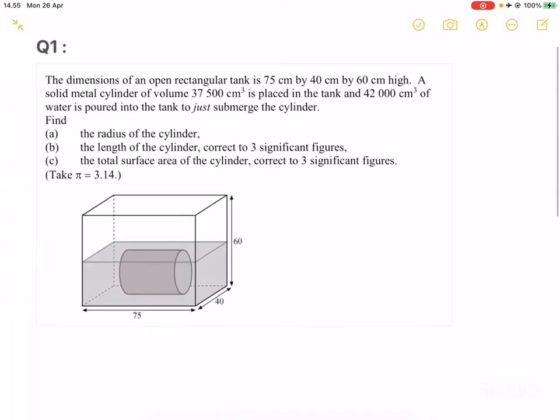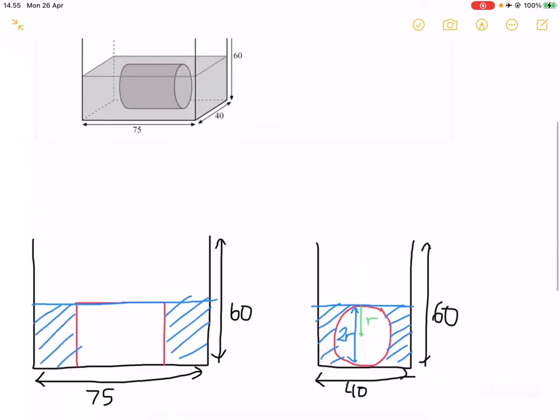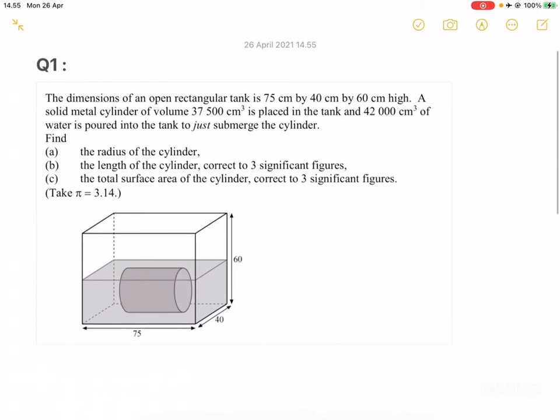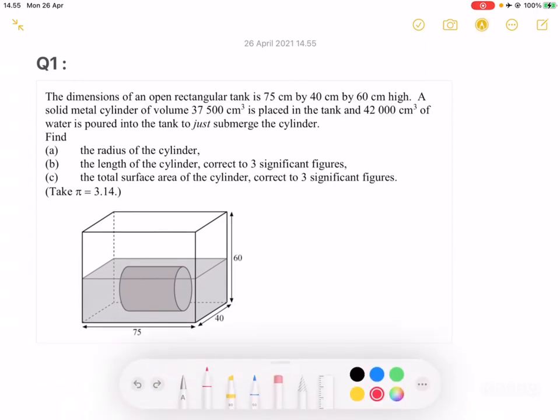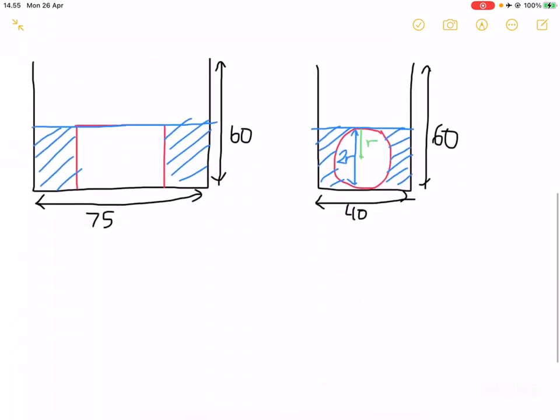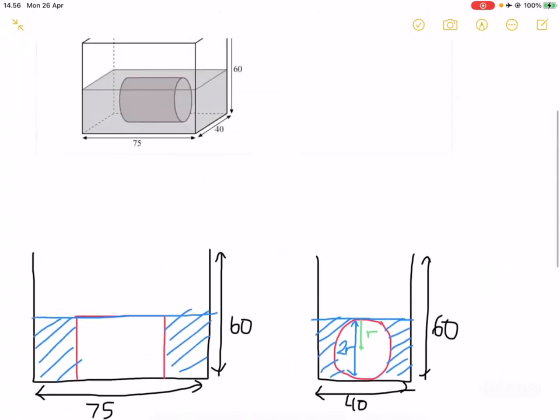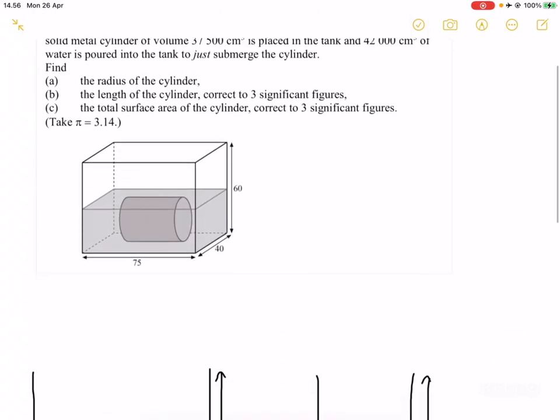And we can relate the diameter of the circle with the volume of both the cylinder and the water, as so. So I can rewrite the volume of the cylinder and the water by knowing that the volume of the cylinder is 37,500 centimeters cubed, then add 42,000 centimeters cubed, which will be the volumes of the cylinder and the water respectively.